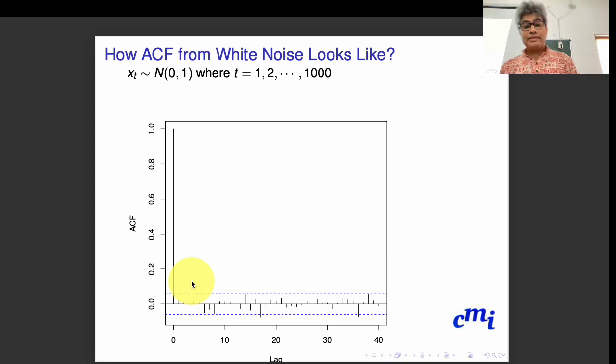Here, again similar thing, except barring 1 and 2, most of them are staying well inside the critical band. So this is a very reassuring thing.